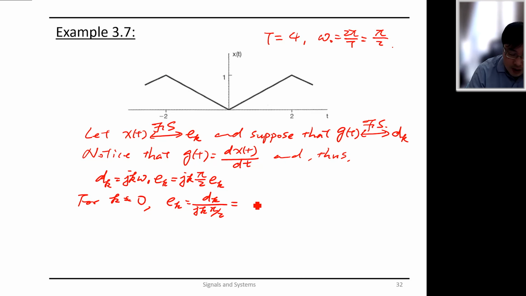This is given by, if I bring this 2 up here, I get 2 times sine pi k over 2 over j k pi squared e to the minus j k pi over 2.